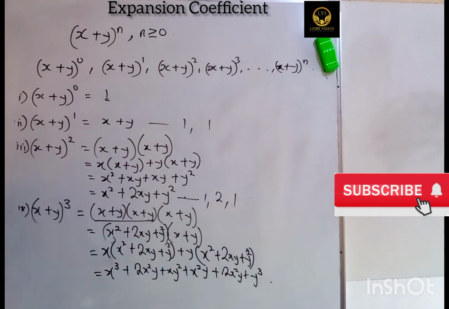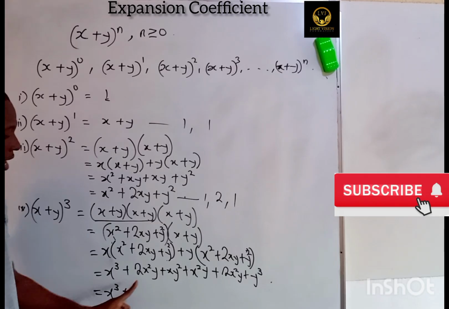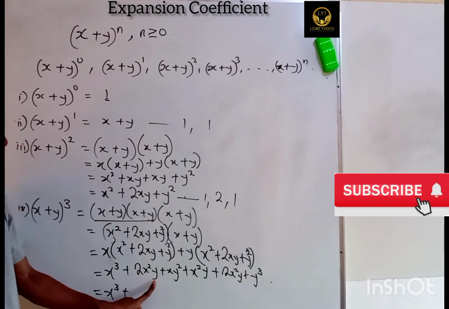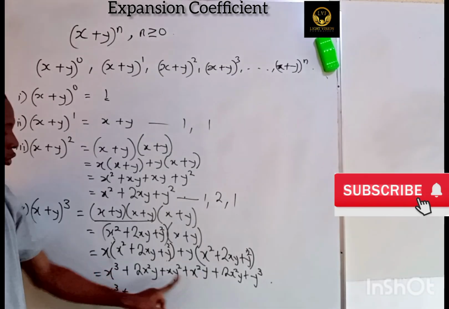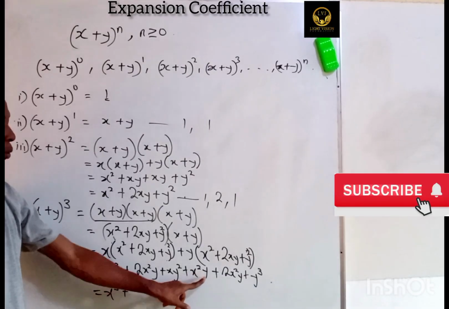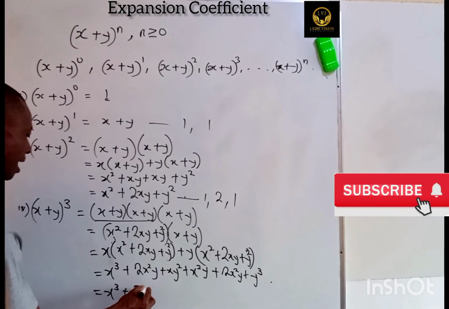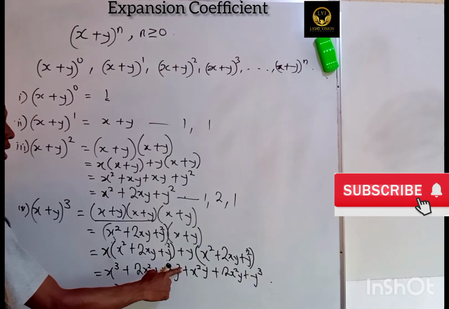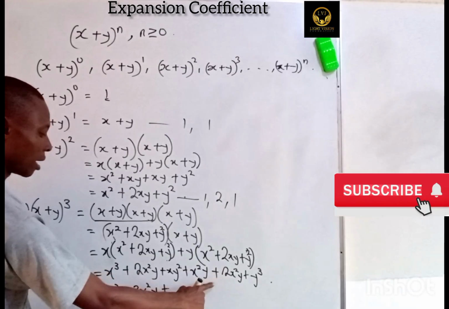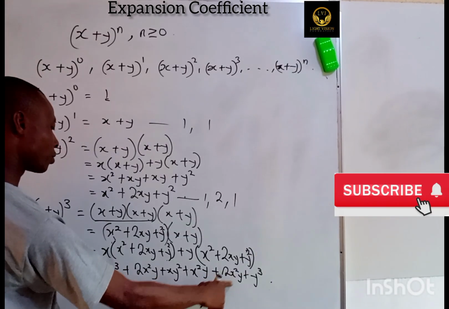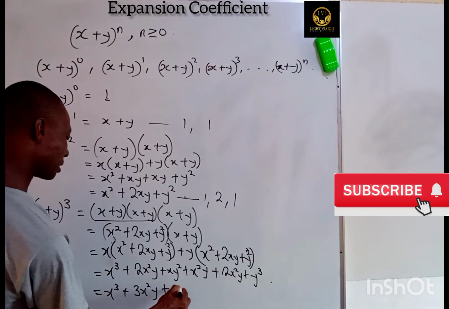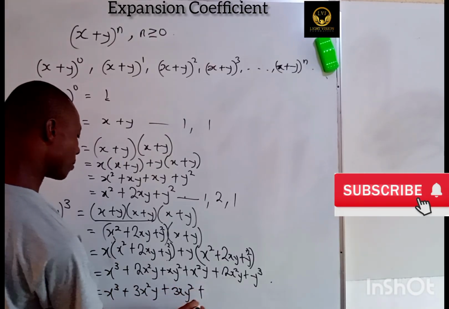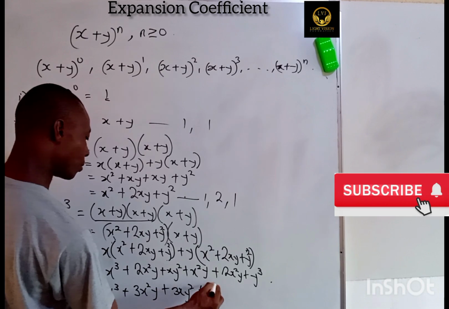Okay, here we can see that we are having x cubed plus now 2x squared y is a like term to x squared y. So 2x squared y plus x squared y is 3x squared y, then plus xy squared and 2xy squared is what, 3xy squared plus y cubed.